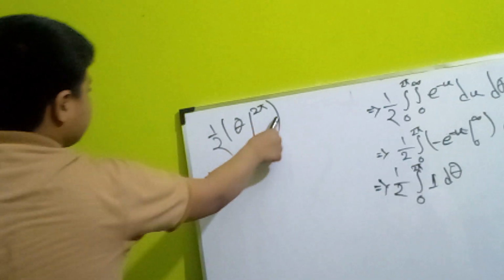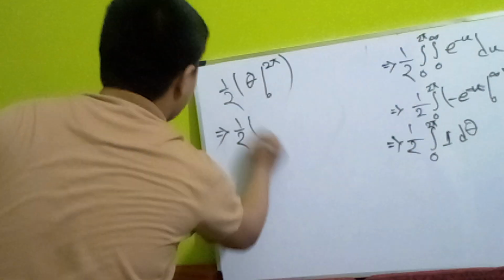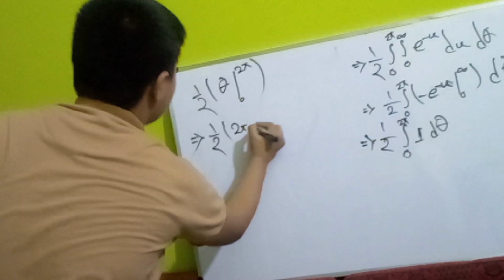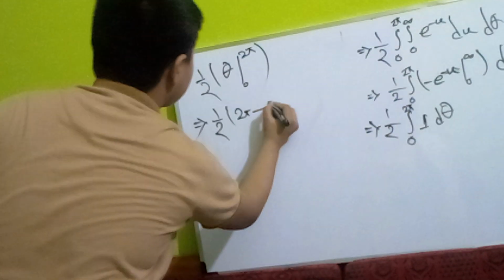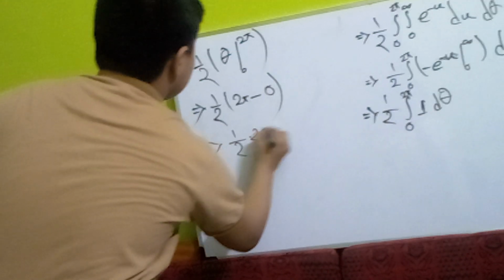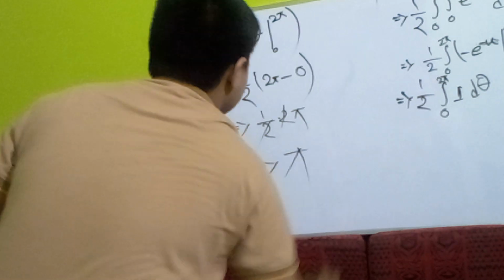If we evaluate it at 0 and 2 pi, we're left with 1 half times theta equals 2 pi minus theta equals 0. So we get 1 half times 2 pi. The 1 half and 2 cancel out, and we're just left with pi.